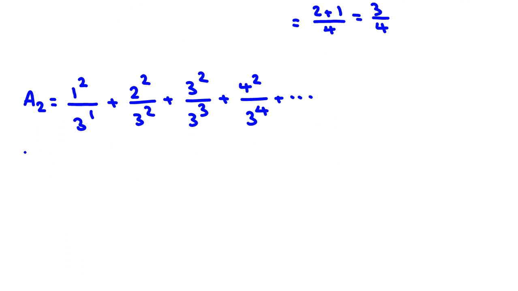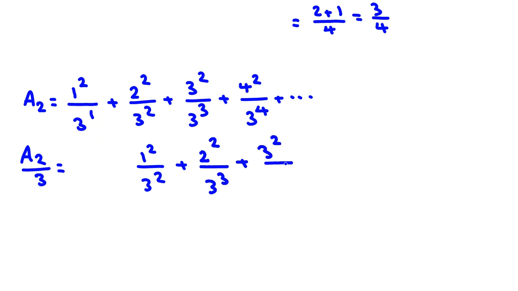I say if I divide this by 3, a2 over 3, it will be what? 1 squared over 3 squared. This will change to this if you divide by 3. And then the next one, 2 squared over 3 cubed. The next one, 3 squared over 3 to the 4.